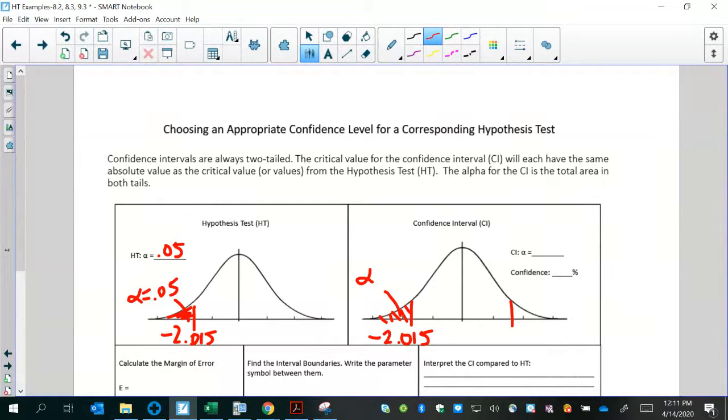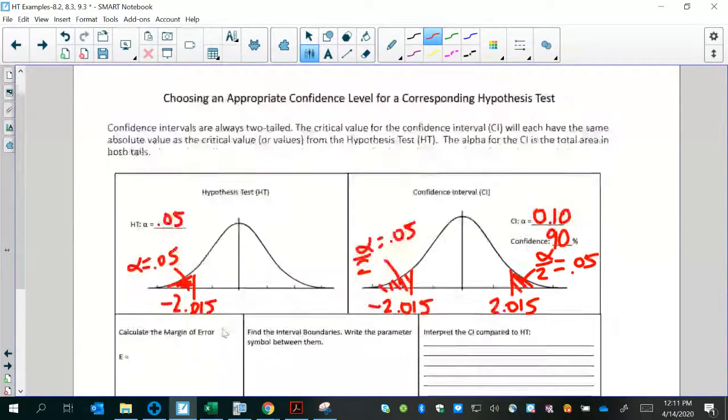So this is going to be 0.05, but because it has to be two-tailed, it's going to represent only half of our alpha, and the other half has to be the same area on the right with a positive critical value, and that means that the total area in both tails is our significance level alpha of 0.10. So that makes this a 90% confidence interval.